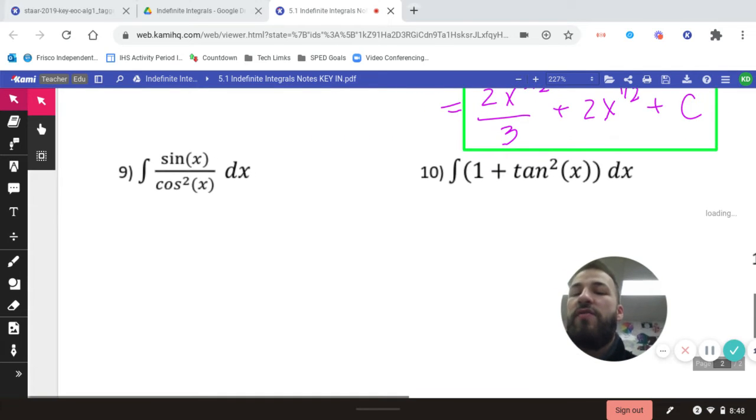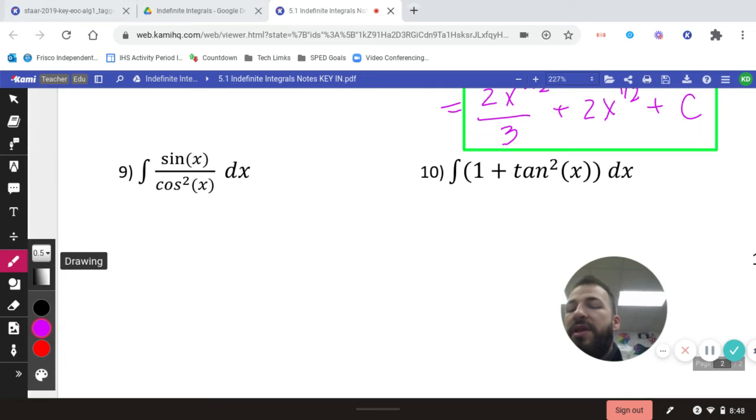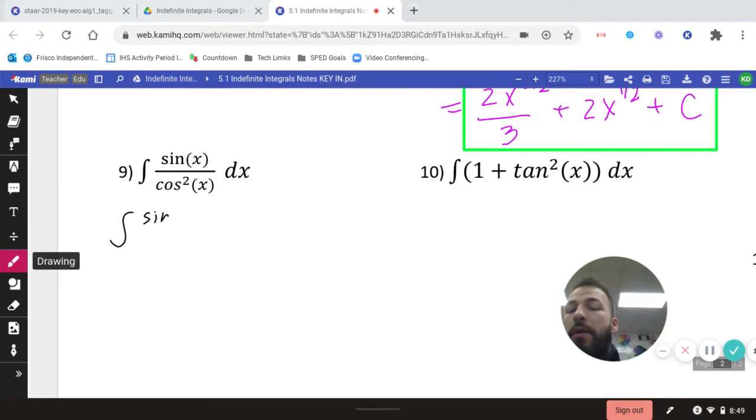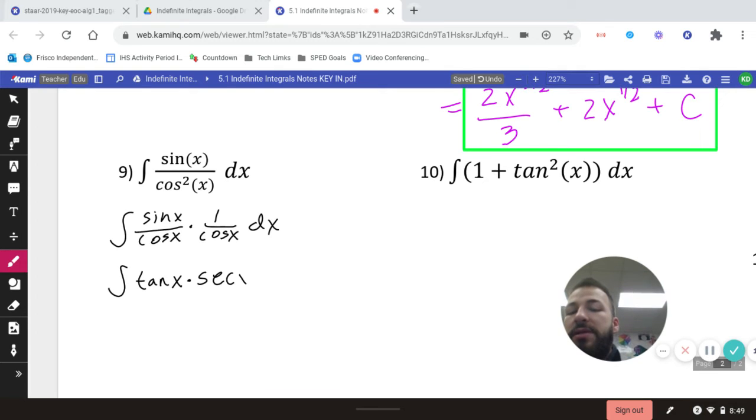So sine over cosine squared, well, remember that I can split this up into sine of x over cosine of x times 1 over cosine of x, and that's still dx. And that becomes sine over cosine is equal to tangent. So the integral of tangent of x times 1 over cosine is equal to secant of x, and that's still dx.